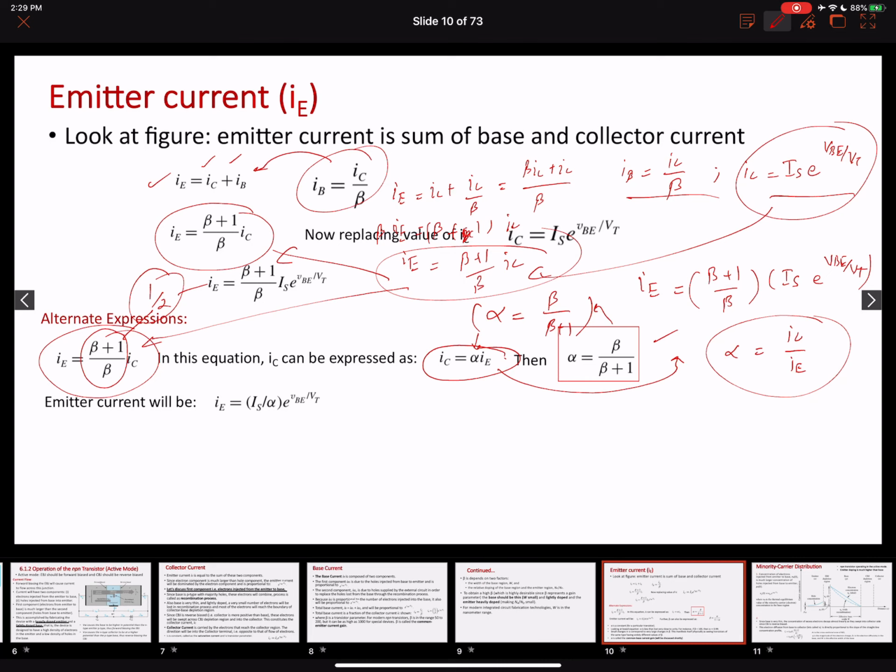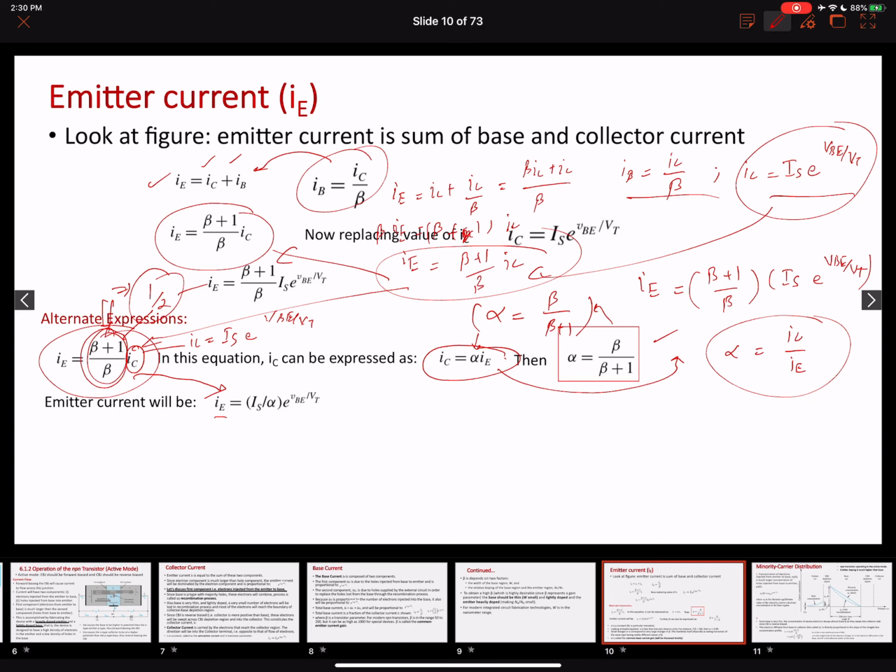Okay, so this can also be rewritten like this. IE equals, we are putting the IC value here, which is IC equals IS e raised to power VBE over VT. And this beta plus 1 over beta here is equal to 1 over alpha, right?